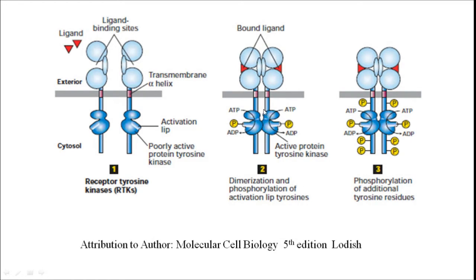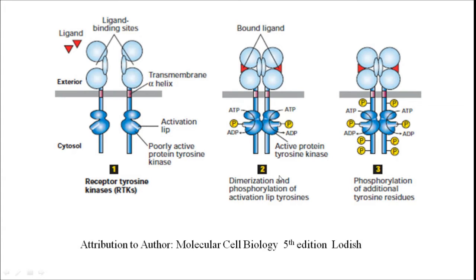So once it receives the phosphate group we can say now they are present in an activated form and this is the second stage of the dimerization and the phosphorylation of the protein tyrosine kinase.